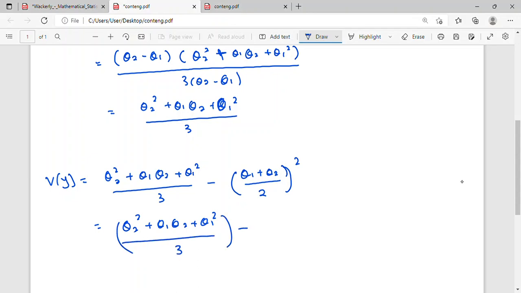Okay, minus dengan theta 1 plus theta 2 square. Saya buat ni terus lah ya. So dia akan jadi theta 1 square plus 2 theta 1 theta 2 plus theta 2 square divide dengan 4.